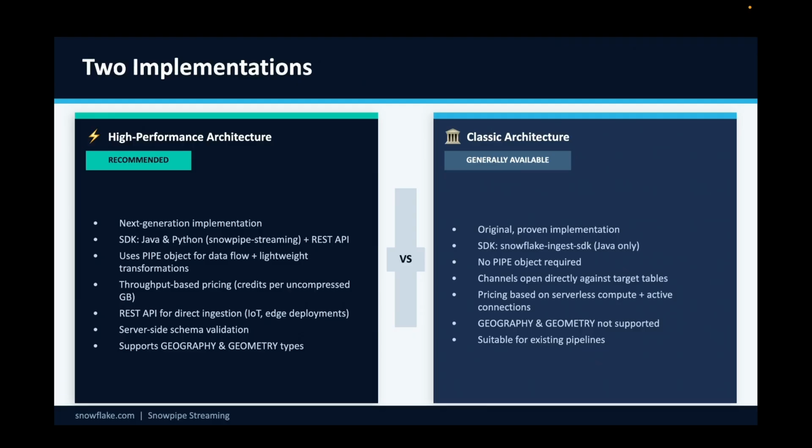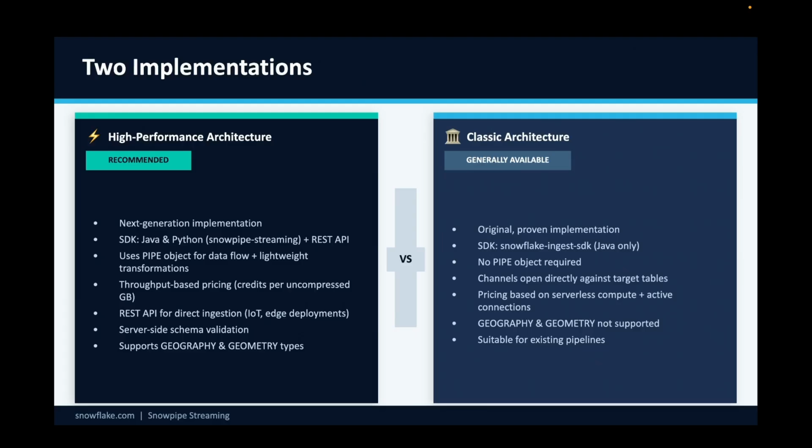Let's take a look at classic architecture, which was already in place and is a proven implementation since the beginning of Snowpipe streaming. Only the Java SDK was available. There was only the Snowflake ingest SDK with Java.